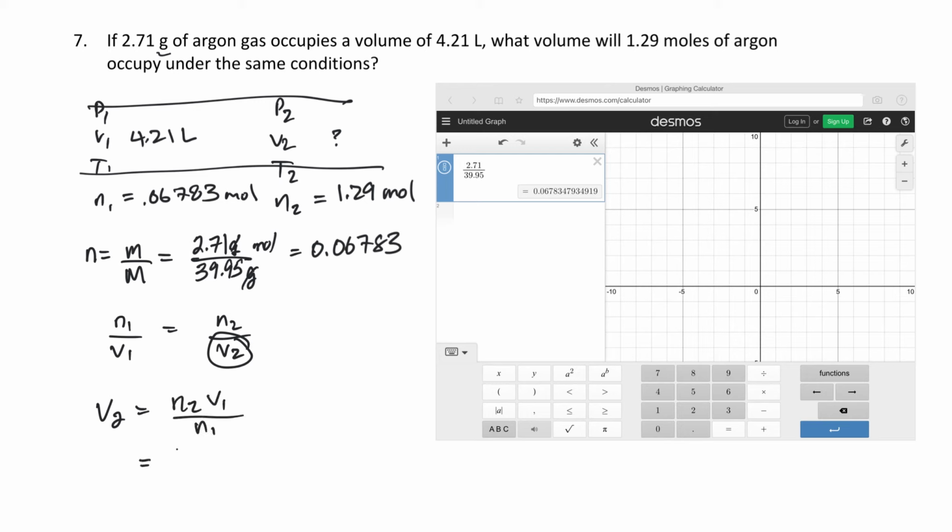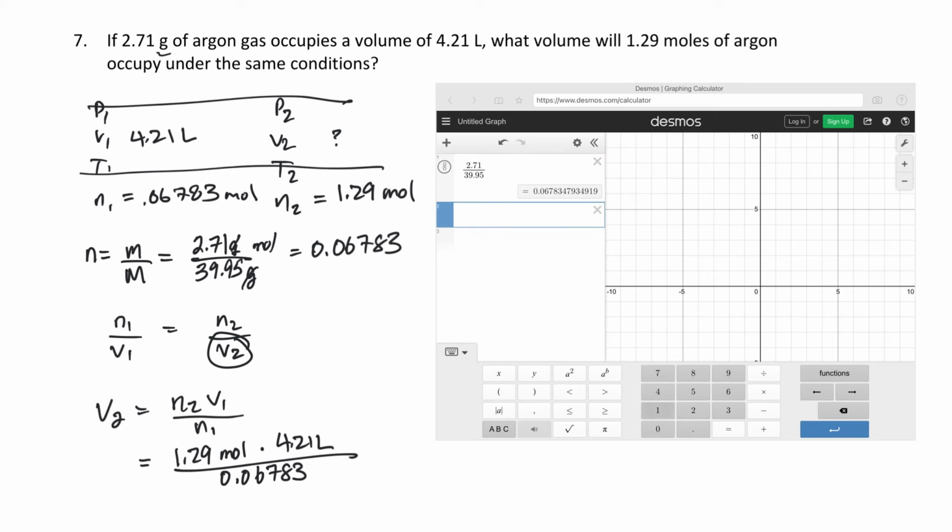So N2, 1.29. Nice that they didn't make me convert that to grams too. And V1, 4.21 liters, divided by N1, 0.06783, etc. Be nice to have that whole number in there, but I guess I can write it from up there. Okay, oops.